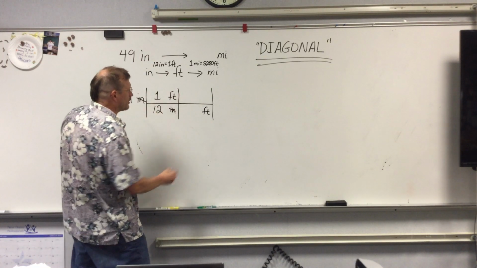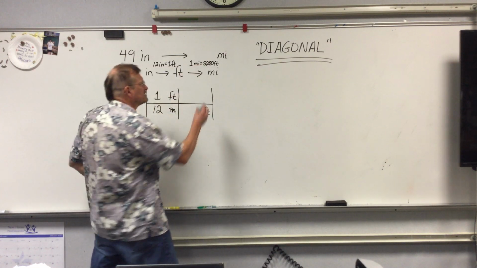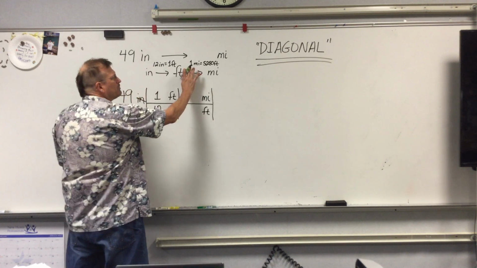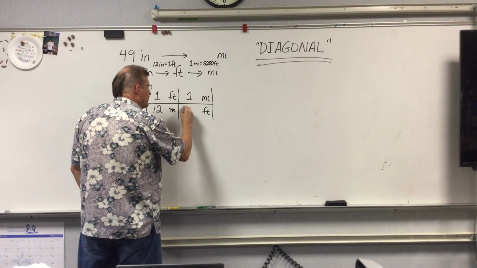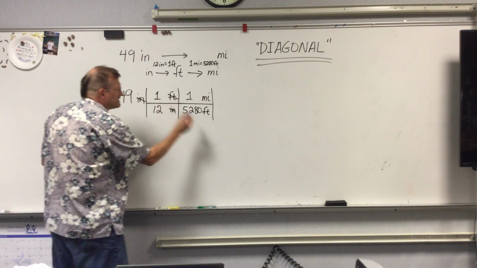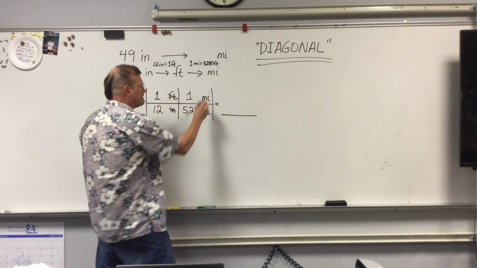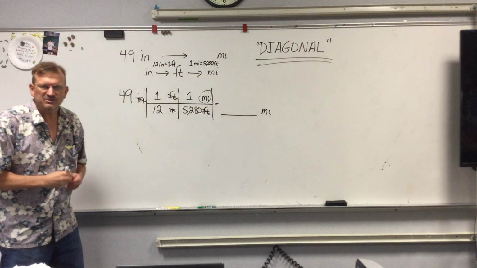So getting back to our problem, we could take feet to whatever we wanted to, but we want it to be miles. So we put miles here, and then we put the right value in the right place. 1 mile, 5,280 feet. And feet cancels feet. So once we calculate this number, that is the unit on our answer.